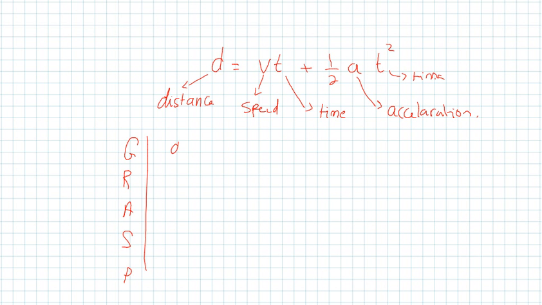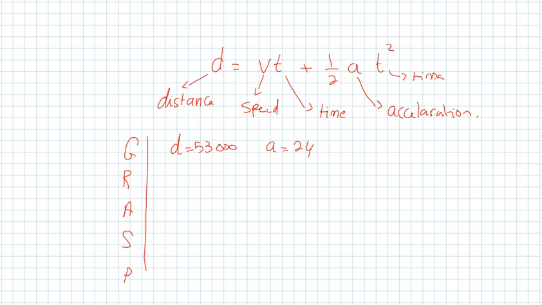Now, by accelerating at 24 meters per second squared, what does 24 represent? A, acceleration. For 30 seconds. Time.